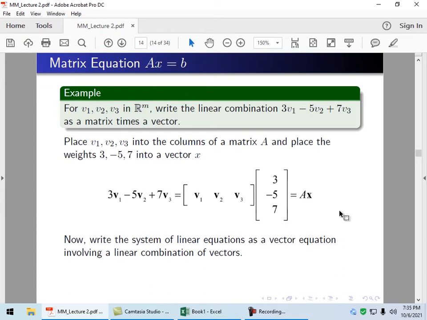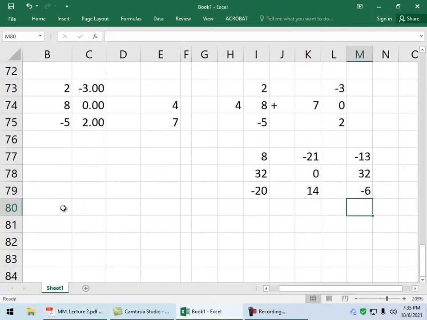So let's say that we have a system of linear equations and we need to produce a matrix. The system of linear equations might be this one: x1 plus 2x2 minus x3 equals 4, and the second equation, minus 5x2 plus 3x3 equals 1.